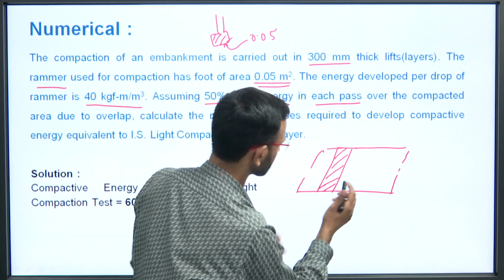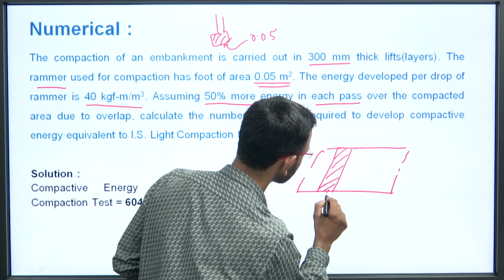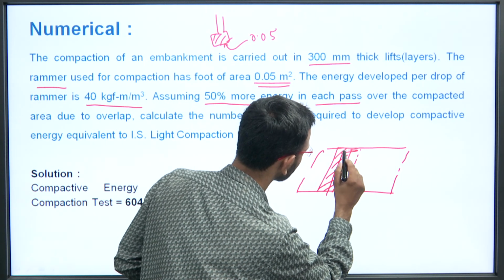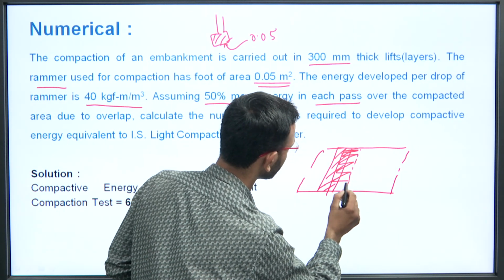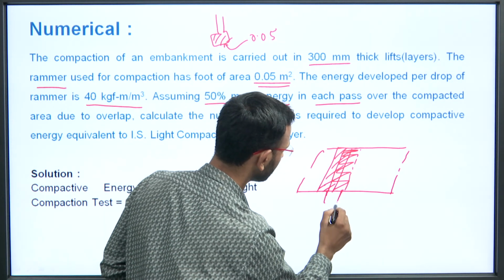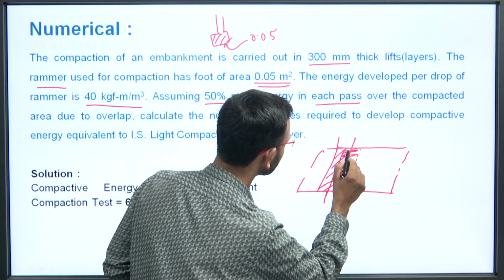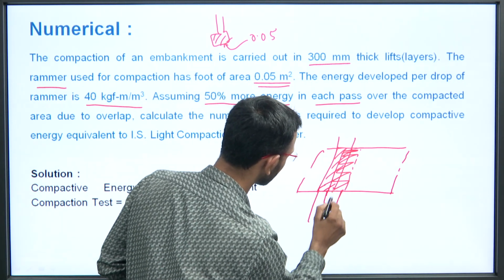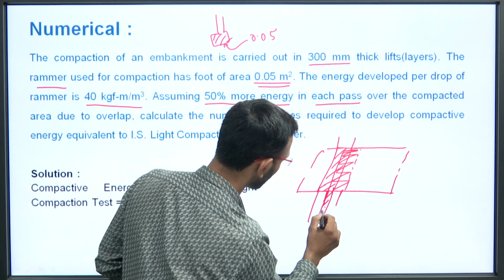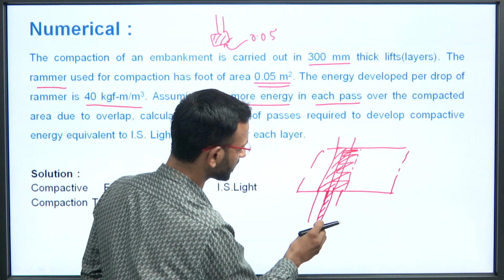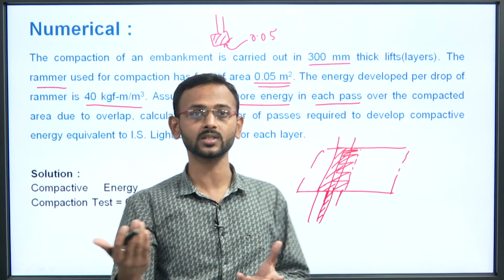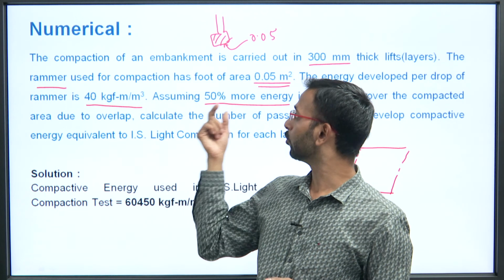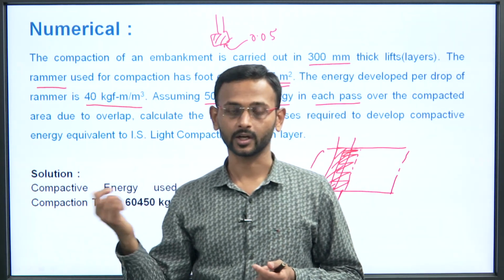Now in the next pass, this 50% area is also covered. So this 50% area will also be covered in the next one. In the first one it was this much area, so in this portion it is compacted twice, 1.5 times more energy is given, like first was given, then again 50% more energy was imparted to this area.